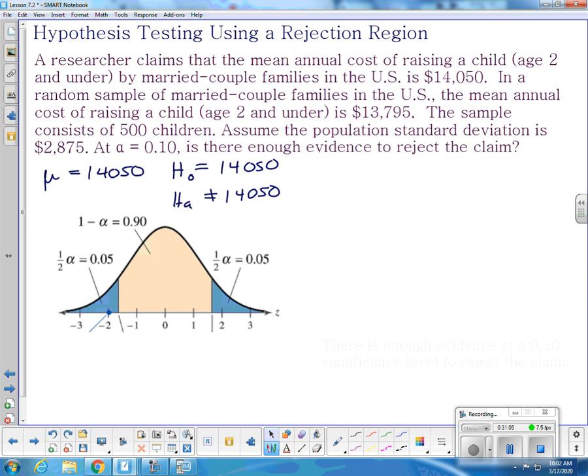And again, we talked about this one before. So it's negative 1.645, positive 1.645. Okay. They said the significance level is 10%, so that's 5% on either side. And then find your Z statistic.